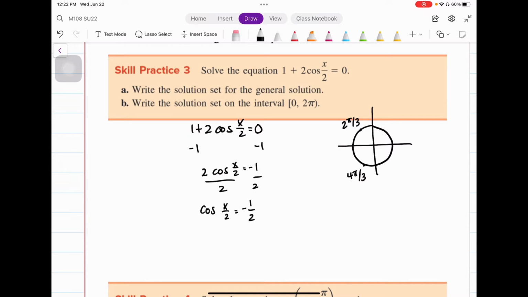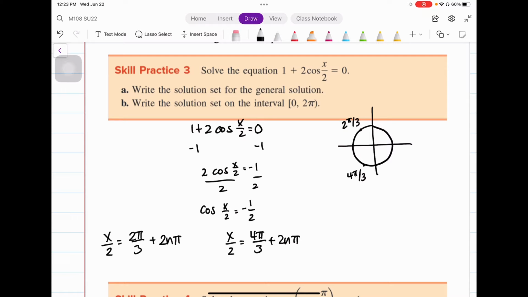So to find the general solution, we need to find the general solution for both of these. So x over 2 is going to be equal to 2 pi over 3 and 4 pi over 3, but also consider their periods. So we have x over 2 equals the first solution, 2 pi over 3, plus the period 2n pi. And then we have x over 2 equals 4 pi over 3 plus 2n pi.